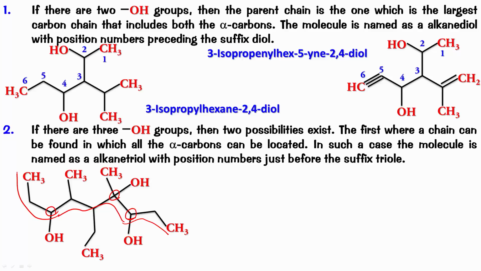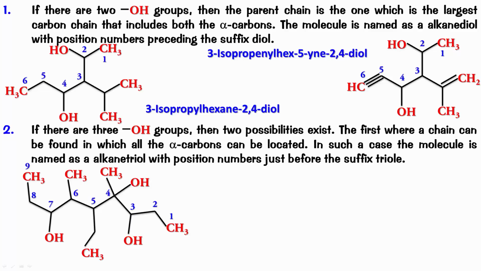Numbering has to be done from the right side because if I do it from the left side, what happens is 1, 2, 3, 4, I get a 3, 4 OH group. 1, 2, 3, but the next OH group goes to 6th position. So 3, 4 is better than 3, 6. So numbering from the right side.